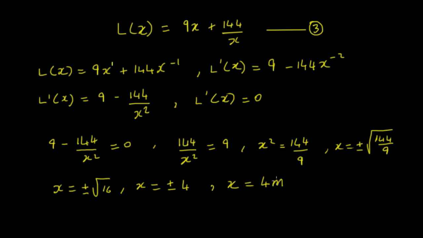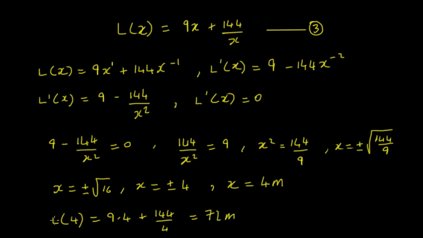Now we could work out the total perimeter of fencing. We could take the 4 and put it back into this equation here. So let's just do that and we'll get an answer for this. L of 4 is going to equal 9 times 4 plus 144 upon 4, which is going to give us a value of 72 meters.